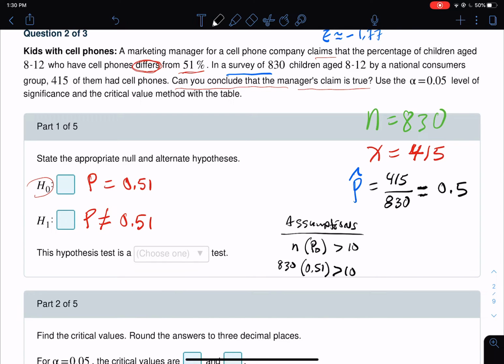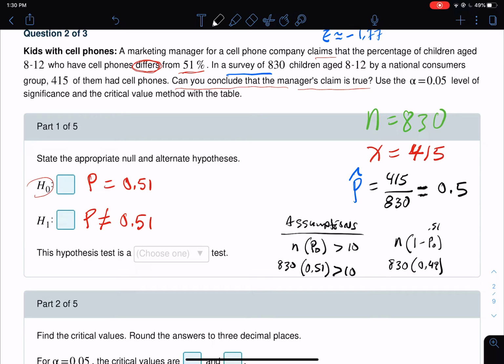And then the other one, what's the other category? That's just 1 minus P sub 0, the population proportion from the null, which was 51%. So sample size was 830, 1 minus 0.51 leaves me with 0.49.